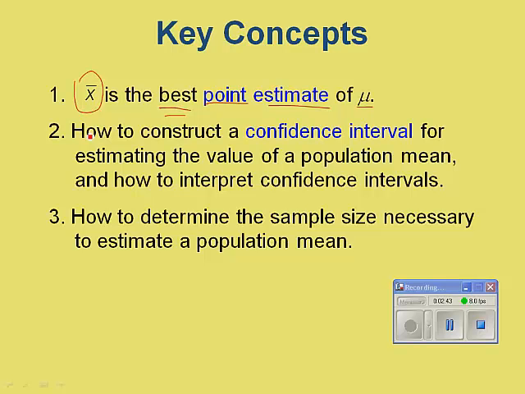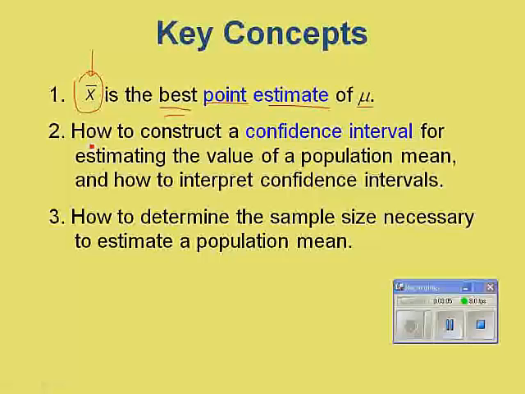What kind of mean? The sample mean. If we're trying to estimate mu, the population mean, the best point estimate you can get is x bar. I didn't say exactly what I mean by best yet. I'm going to do that on the next slide.